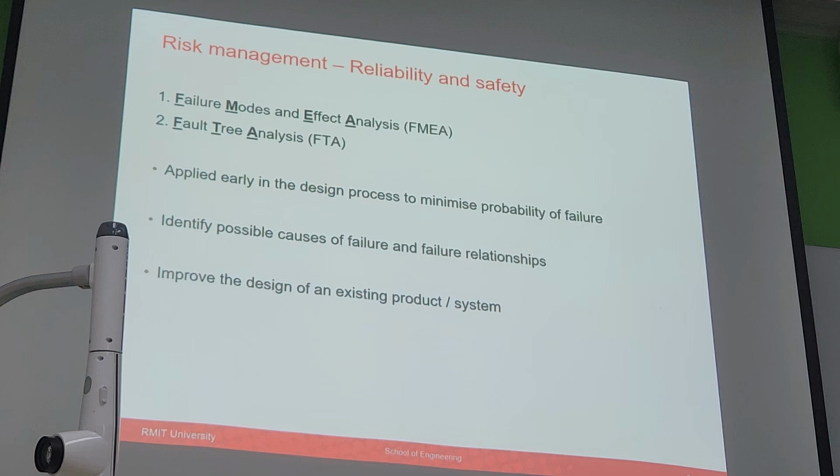Our job is to improve the design and the executing product and system. It means reducing the probability of failure. Definitely we have failures, but our job is to reduce them.